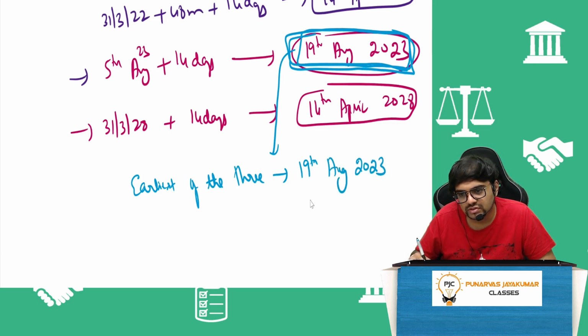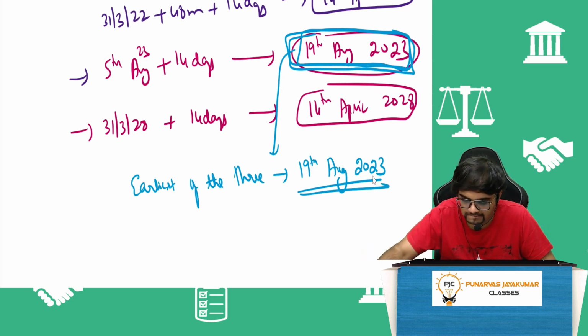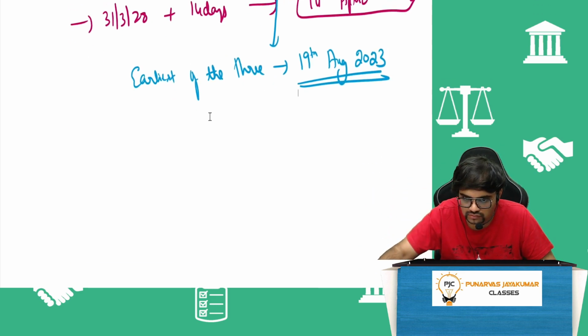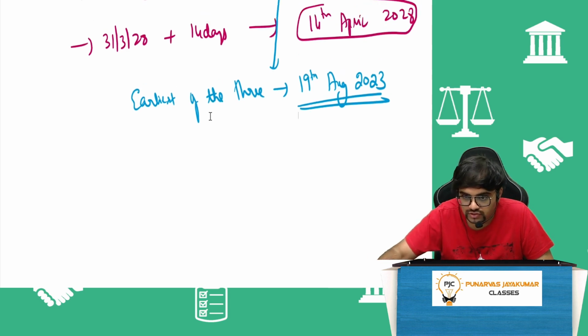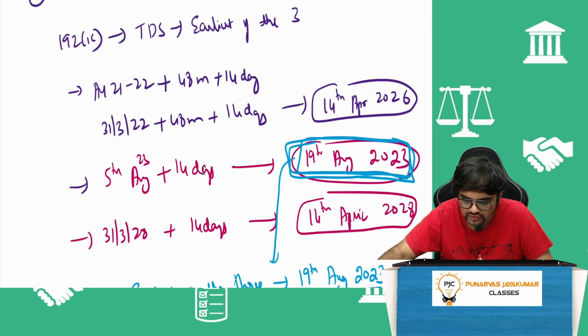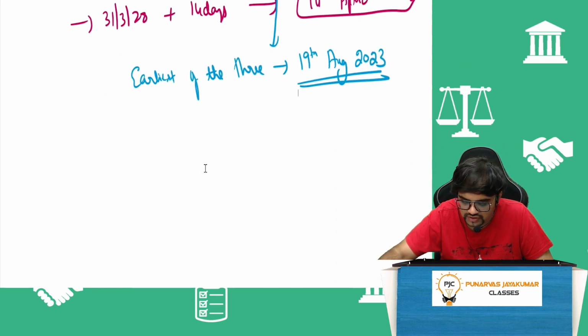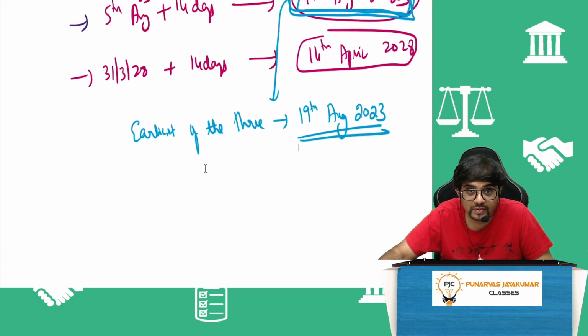August 2023. So on 19th August, this only, 19th August 2023 will be taken into account. So on 19th August, you have to obviously deduct TDS proportionately.